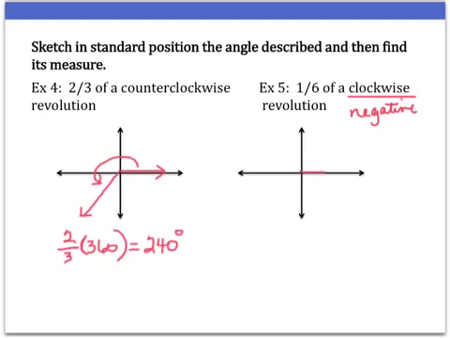So we're going to put our initial side, going to come around about like that, and that would be a pretty good sketch of 1/6. So since it's negative, instead of a positive 360, we're going to do a negative 360. And so this would be a negative 60 degrees.